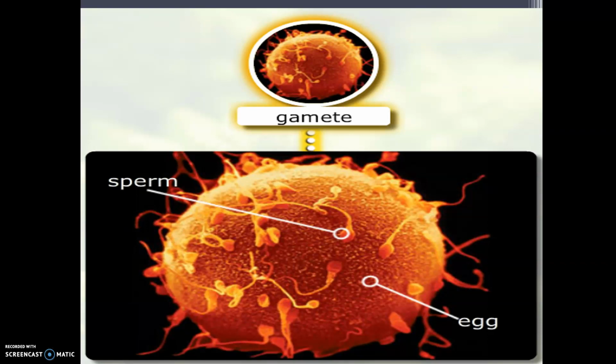Okay, so here are the gametes. The large circular thing here is the egg, and the small things on the egg are the sperm. And this is sexual reproduction. One of those sperm will make it inside the egg and fertilize it first.